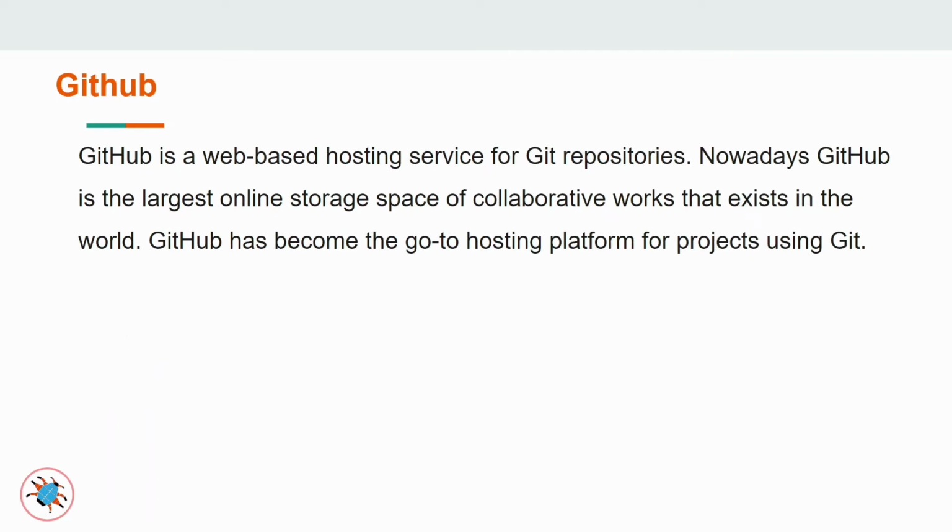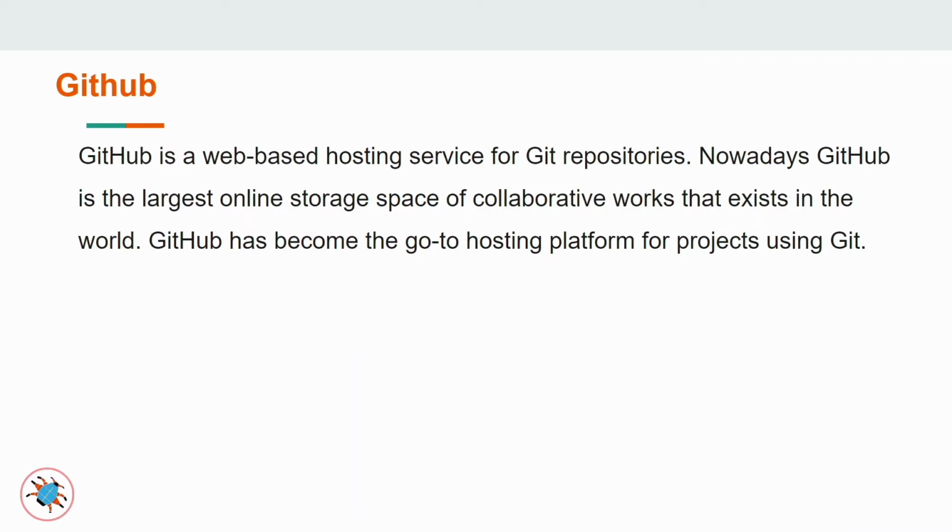GitHub is a web-based hosting service for Git repositories. Already we mentioned that repositories can be seen as storage systems. Another word that could be interchanged for repositories is repos. So you can use Git repo, that's a short term for the word repositories.